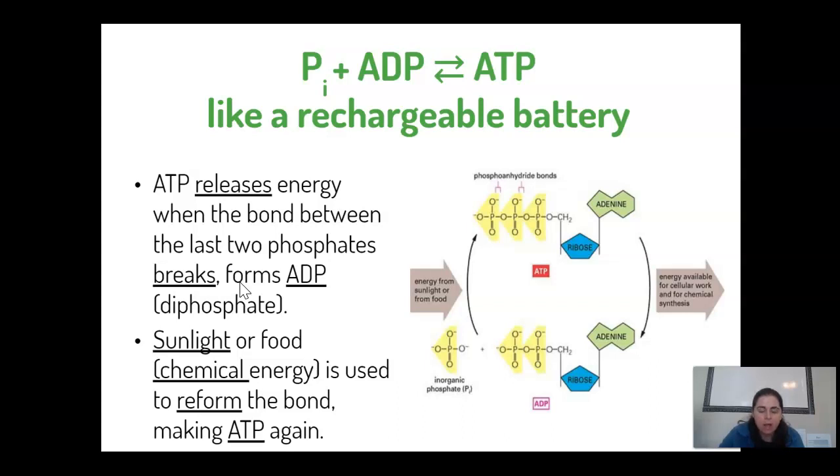Okay. Sunlight or food chemical energy is used to reform that bond, making ATP again. So sunlight energy comes in, takes the ADP, bonds the phosphate to it, and you get ATP. When you need to use that energy for cell processes, you break off that phosphate and you get ADP. So it's like a cycle, it goes back and forth.